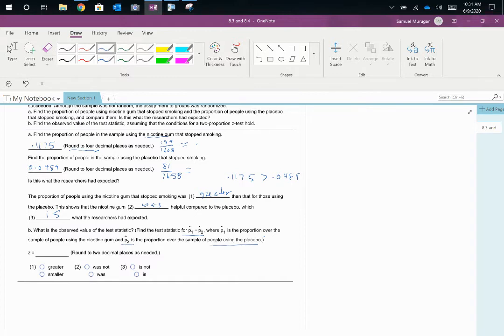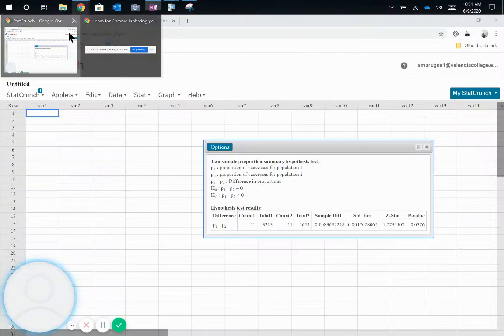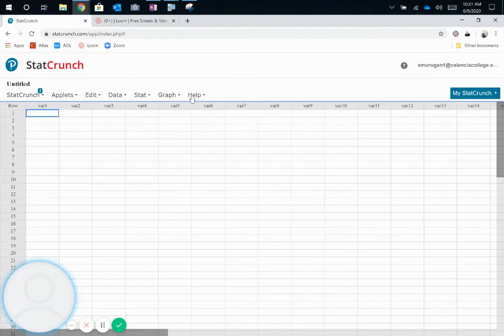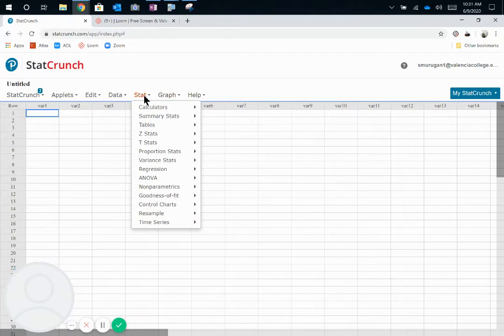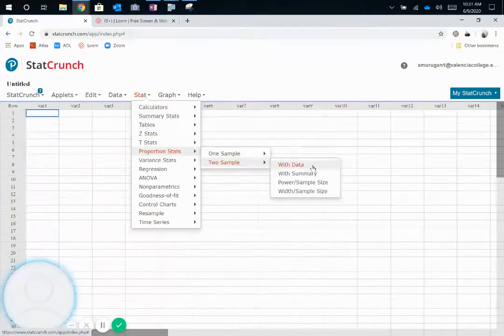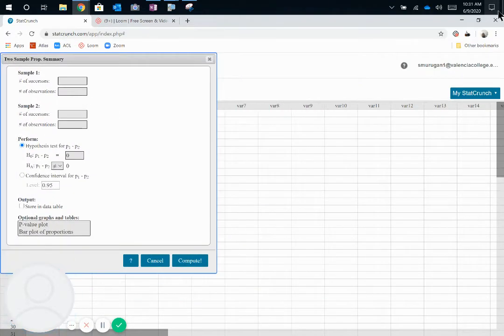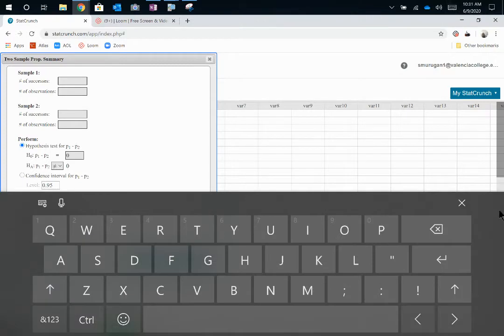Okay, and we're going to use StatCrunch. StatCrunch is faster and easier to use than the calculator, but it's up to you guys. So I'm going to go through the process again for those who might not have been following. Stat, proportion stats, two sample, with summary, and type in my values into this table.